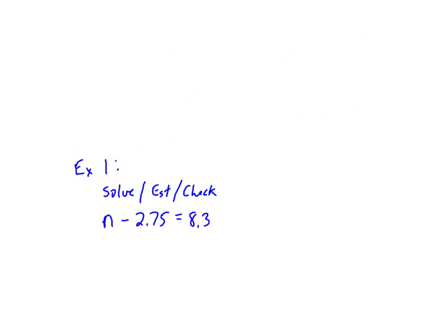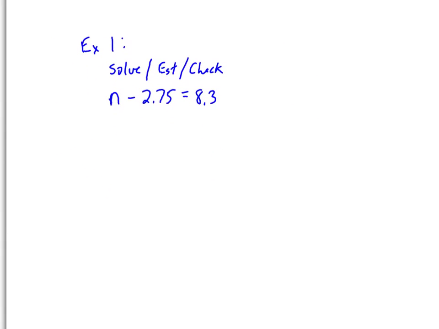So when I have this equation, n minus 2.75 equals 8.3, the first thing I'm going to do is estimate the solution. Let me erase, get my pen right.